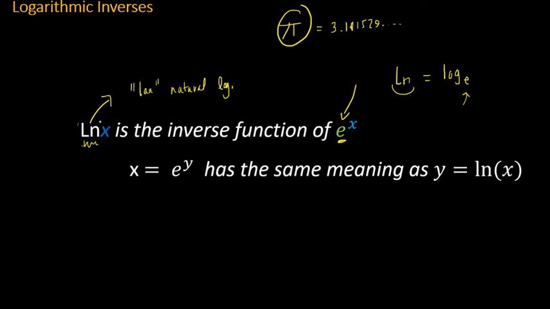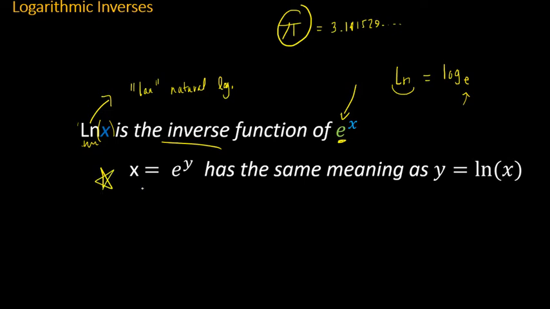This function, ln of x, is the inverse function of e to the x, or in other words, it undoes it. When things are inverses of each other, they undo each other. We often think of it as them canceling out, but that's not really the case. It's more like they neutralize each other. So again, ln of x is the inverse function of e to the x. These two undo each other.